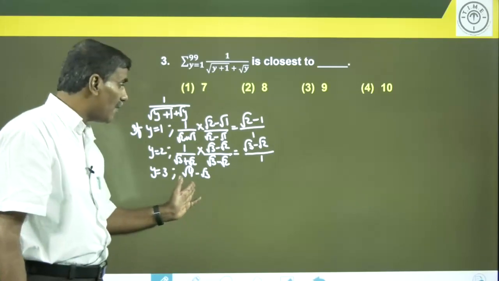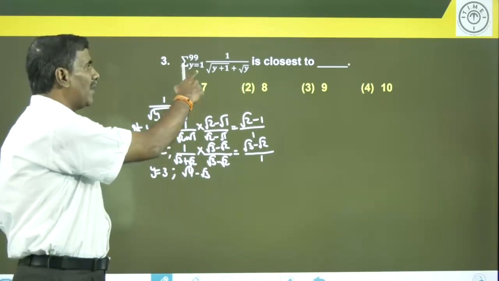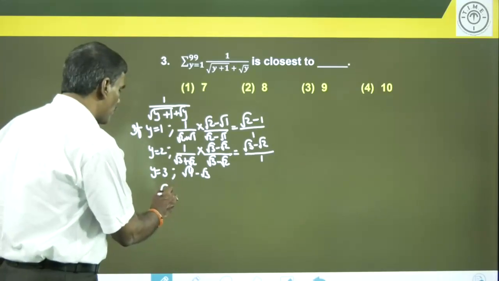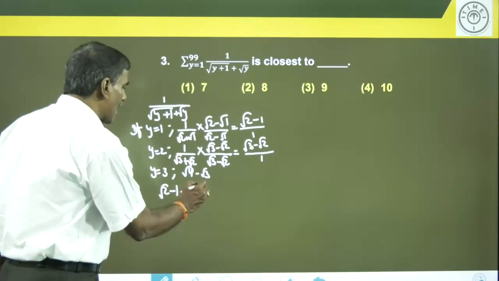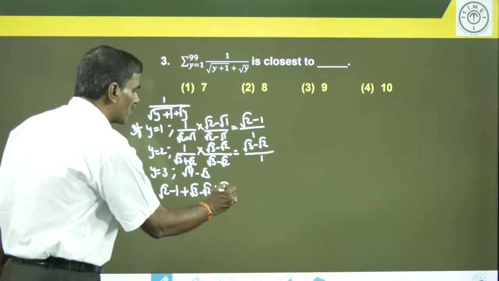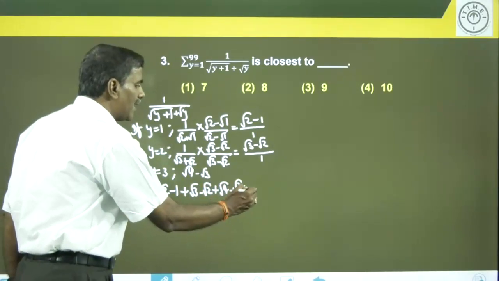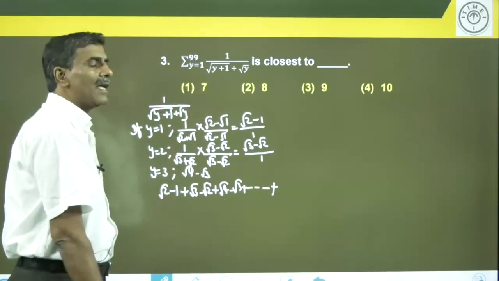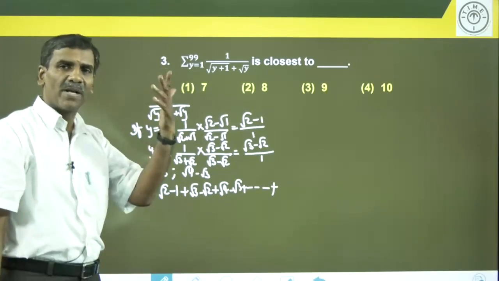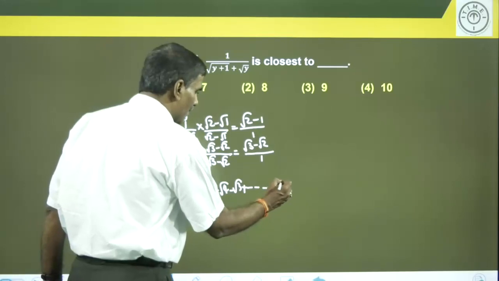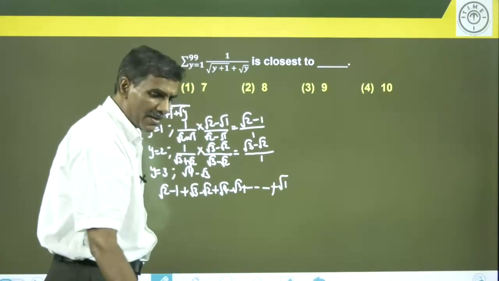So if we are adding up all those values starting from 1 to 99, this basically becomes root 2 minus 1, to that we are adding root 3 minus root 2, to that we are adding root 4 minus root 3. In that way we are adding up to the last term y as 99. Root 99 plus 1 will become root 100. So if you bring to the numerator, it will become 10. So 10 minus root 99 will be having.